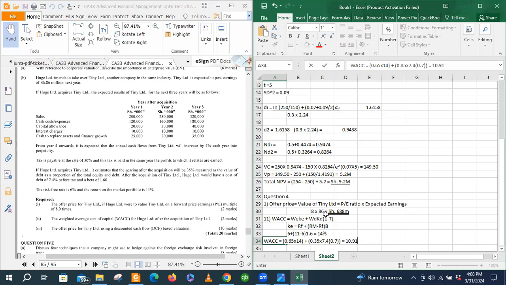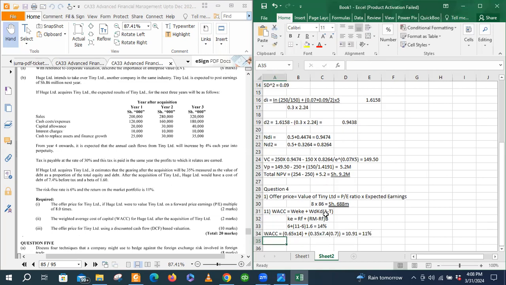If we use the calculator, this one is very close to 11. You can say 11%. So those are the two marks.